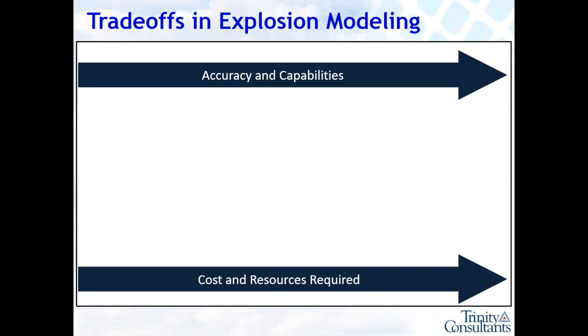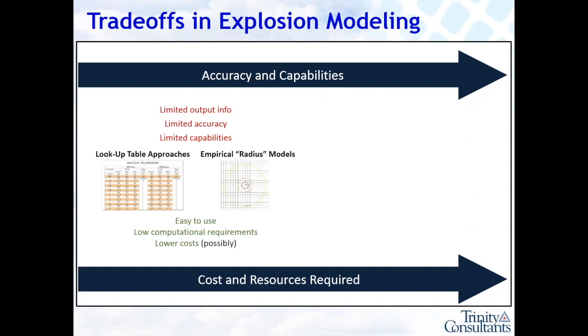All right, so in any explosion modeling system, there's a trade-off between how capable and powerful the system is, the method is, and the cost and the effort required to do the modeling. So on the traditional approaches, on the simple end of things, are the lookup table approaches or empirical radius-based models that just give a symmetrical region of impact around a central point.